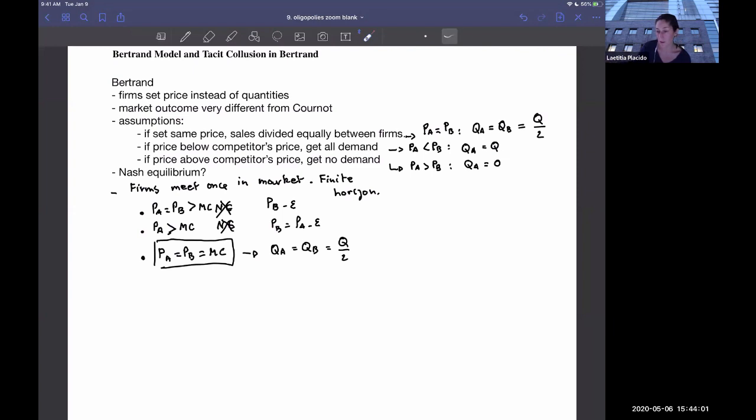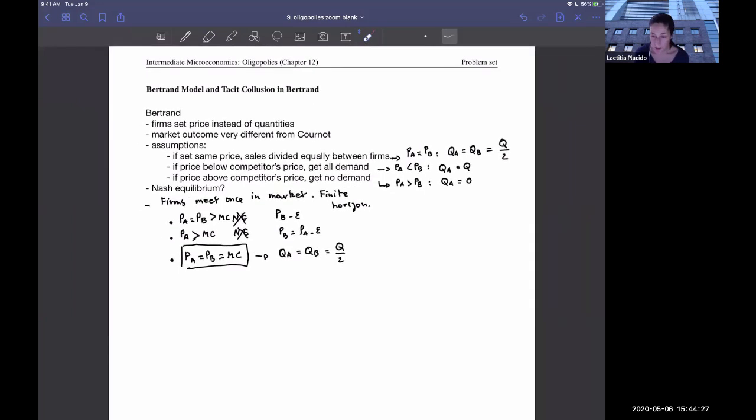So what is the optimal behavior in period 10 minus 1? Well, it's also to set price equals marginal cost, and so on. So the Nash equilibrium of the repeated game when the horizon is finite is the Nash equilibrium of the single shot game. But things are going to change if we assume that the game doesn't have an end.